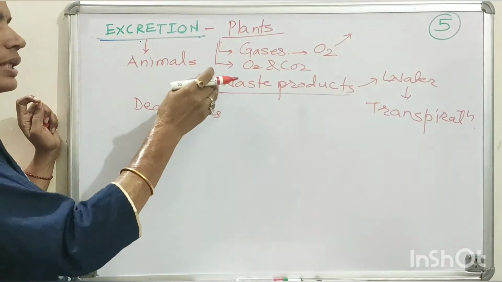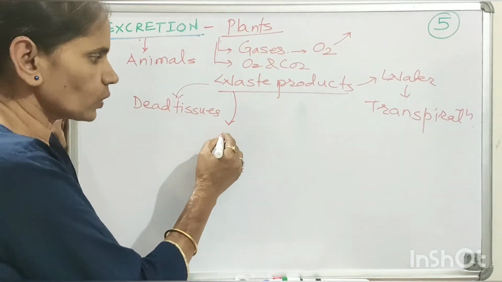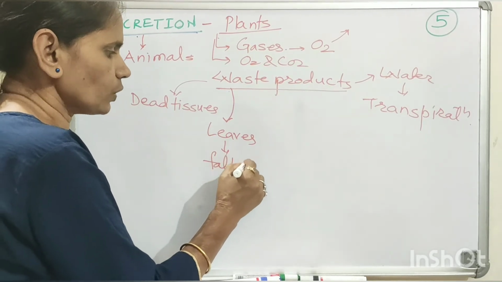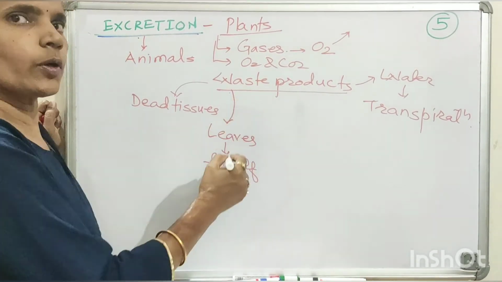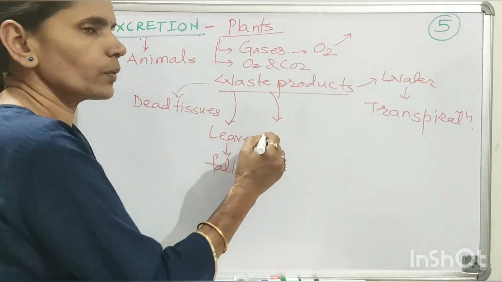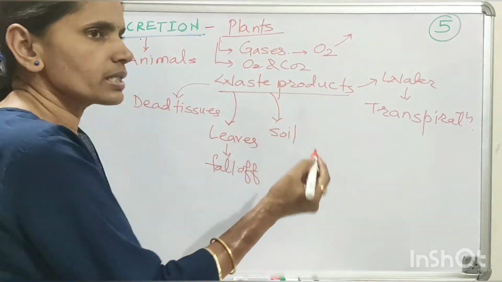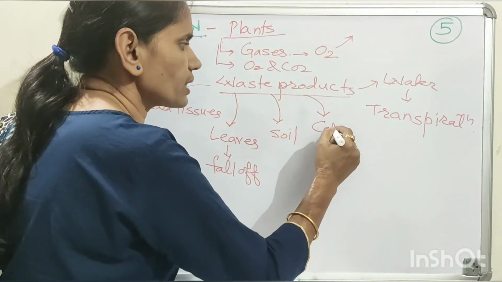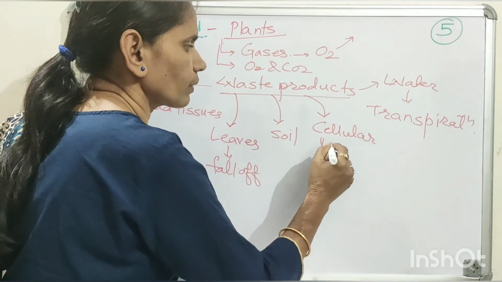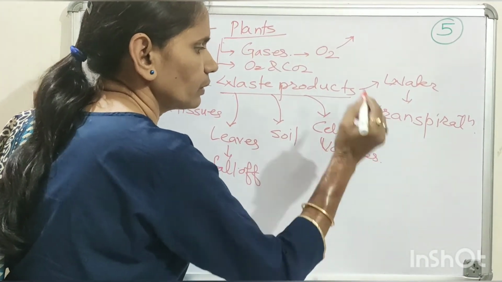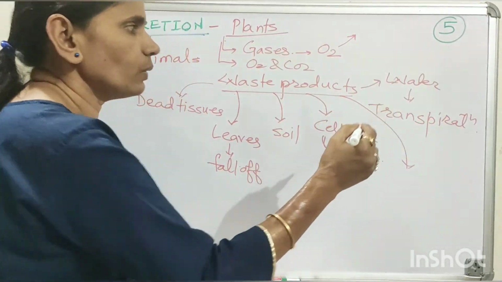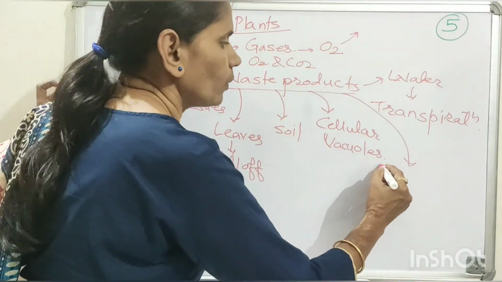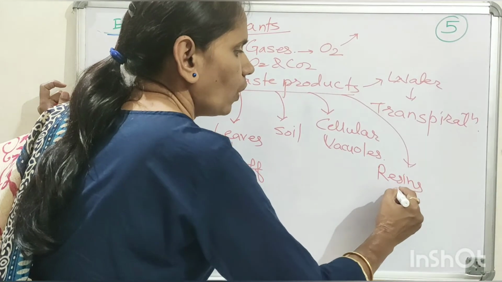Certain waste products are also stored in the leaves, but the leaves fall off, so with the falling off of these leaves the waste products are also released. Some waste products are released in the soil that surrounds the roots. Some waste products are stored in the cellular vacuoles, and in some cases the plant waste products are stored in the form of resins or gums.